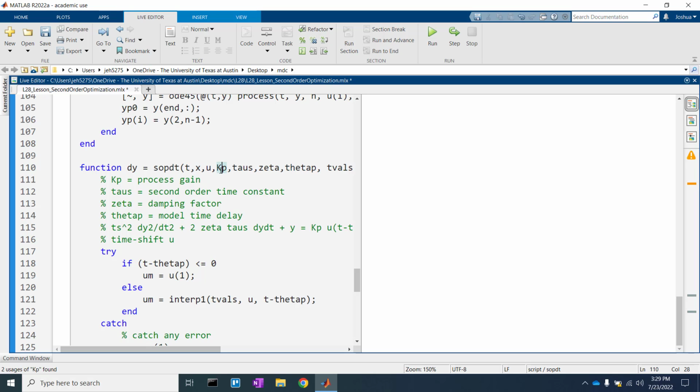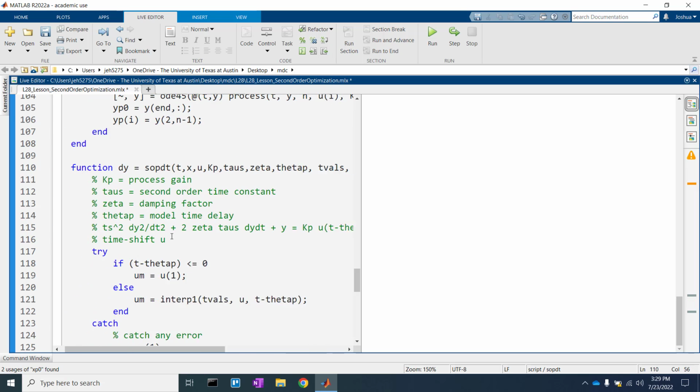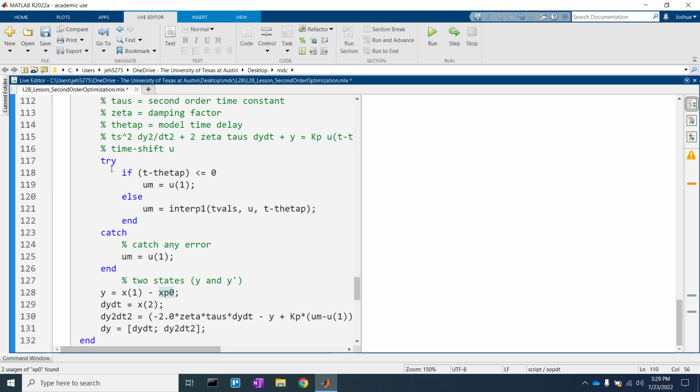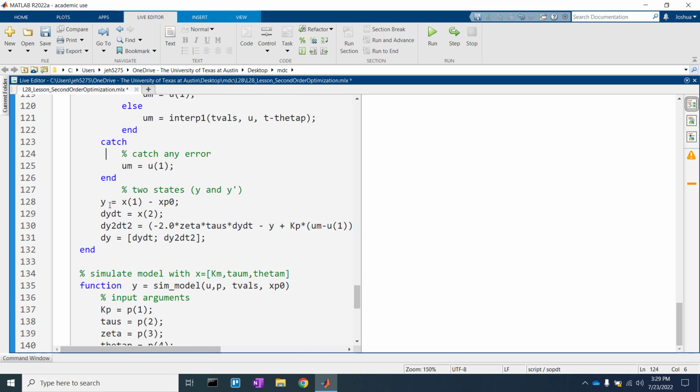Then we have u, which is the input, kp, tau s, zeta, theta p, the t values, as well as xp naught, the initial point. So we first account for the dead time here using interpolation or 0 otherwise. We then say y is equal to x1 minus xp naught, dy dt is equal to x2.